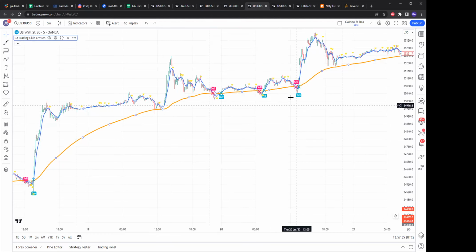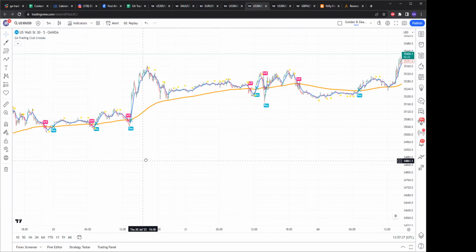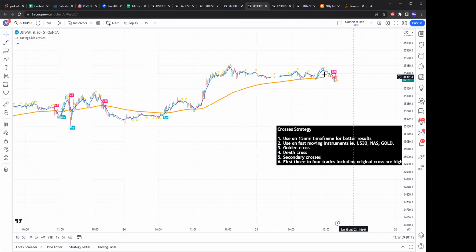Let's assume I was trading golden and death crosses on the 5-minute. This is Tuesday, this is Friday. So in a matter of 3 days, if I was risking 3% for this trade, 3, 3, 3, that is 9, 12, 15, and 18%. So in a matter of 3 days, I would have been risking 18%. So I really don't want to be on that.